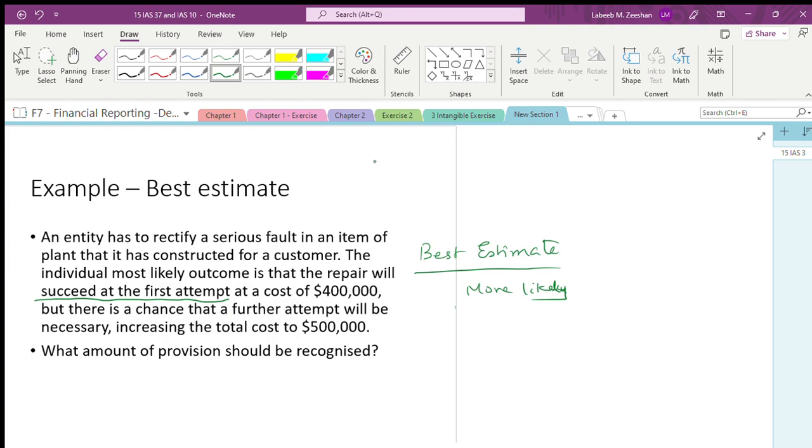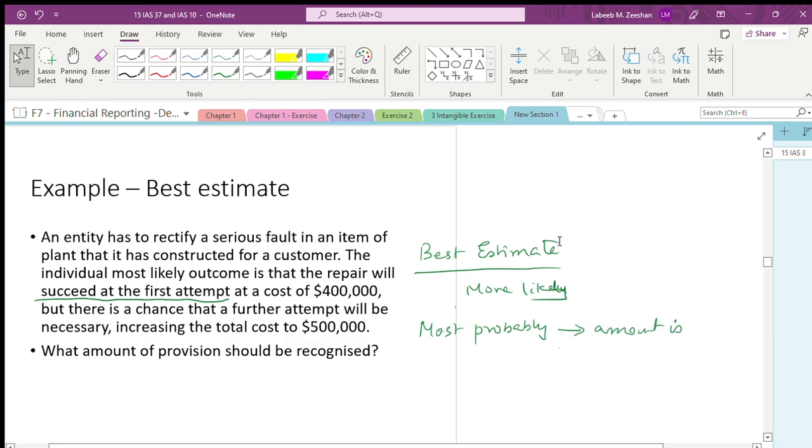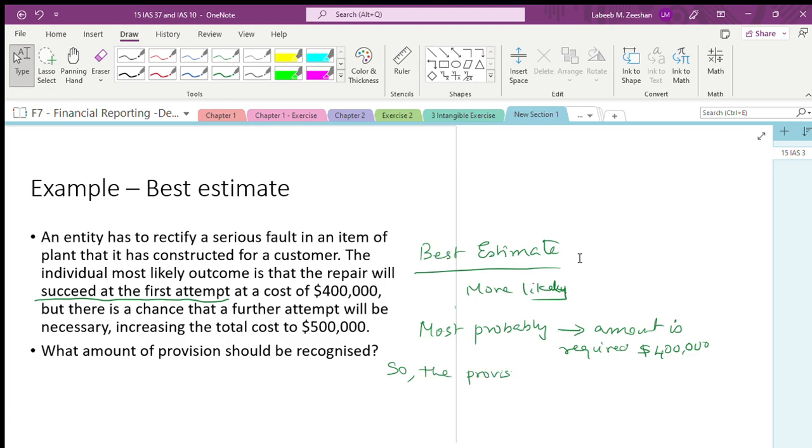Most probably, how much amount is required? 400,000. So the provision amount should be 400,000.